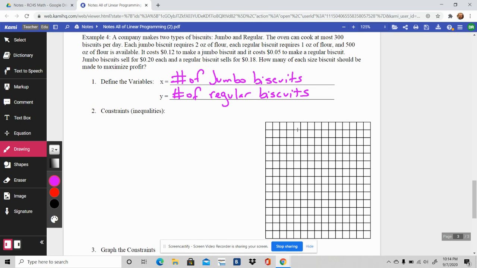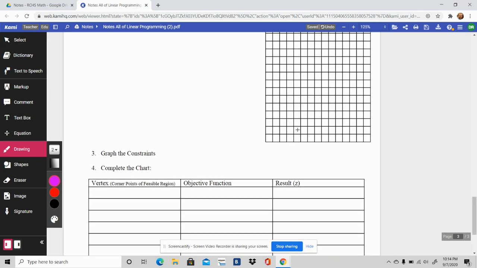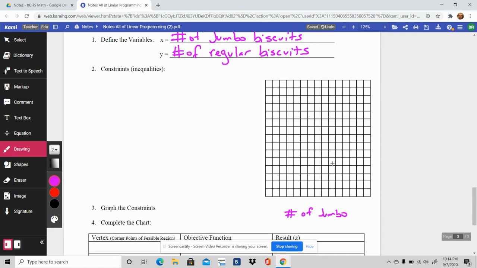Before I do anything else, because I know I'm going to have a graph for this, I'm going to label my axes. Along the x-axis, X represents the number of jumbo, and along the y-axis, that's representing the number of regular.